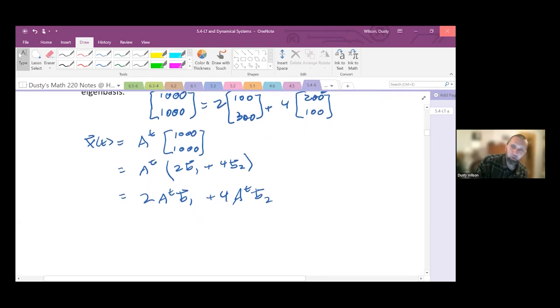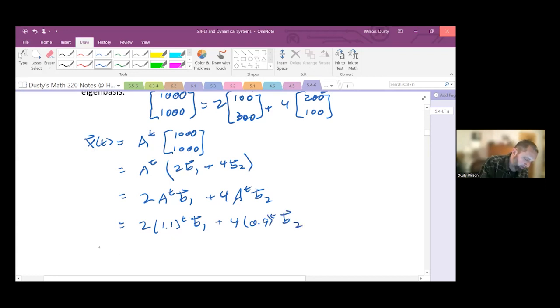Okay. So from this, we get that A to the t times b would be 2. B1 has associated eigenvalue of 1.1. So we'll get 1.1 to the t times b1 plus 4 times 0.9 to the t times b2.